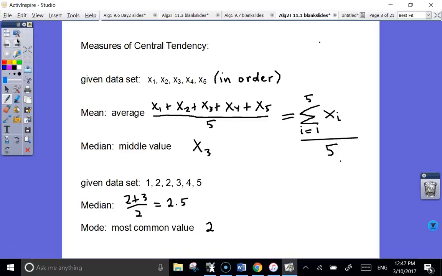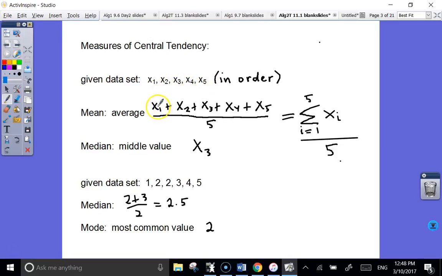So by measures of central tendency, we mean mean, median, mode, right? So the mean is what we commonly refer to as average, right? You add up the values and you divide by how many values, right? Now, one thing we can do now that we probably couldn't have done in Algebra 1 is we can show this calculation, like I'm saying my 5 data values are x1, x2, x3, x4, and x5.